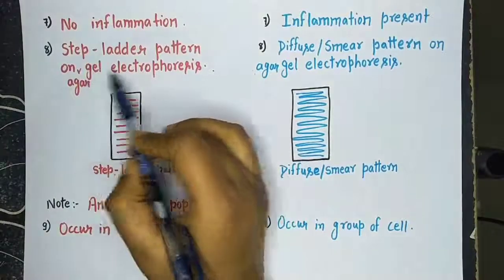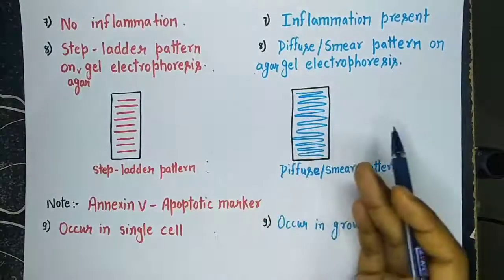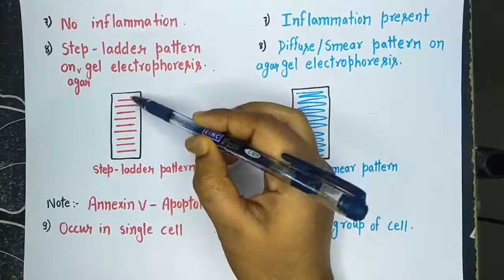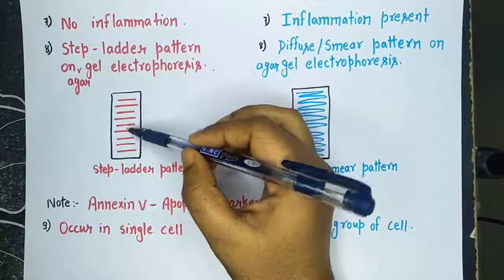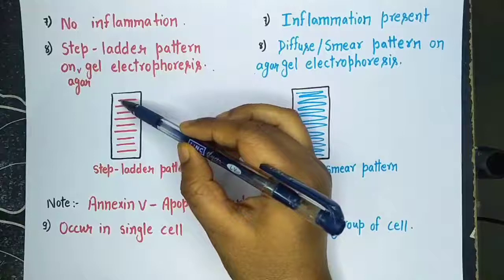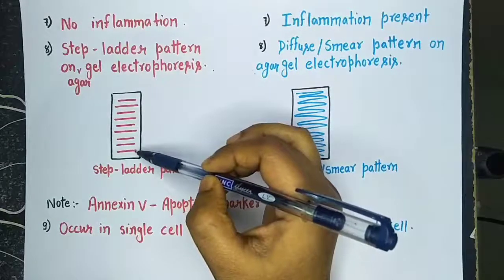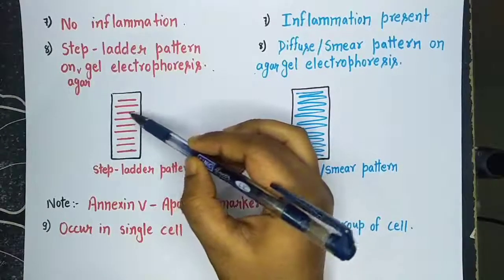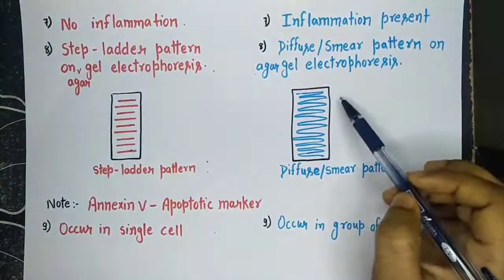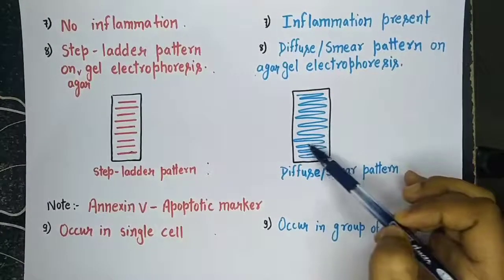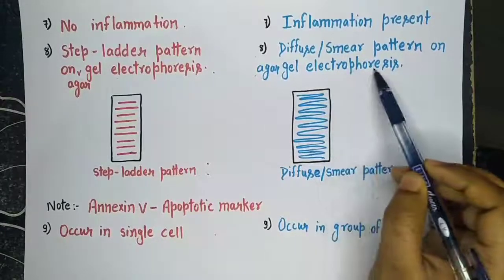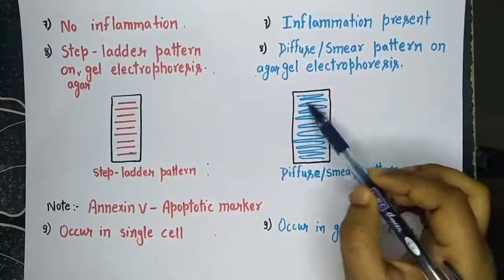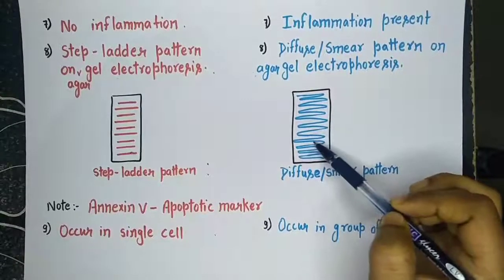So, during the agar gel electrophoresis process, DNA fragments arrange themselves according to their size, according to their molecular weight, and lighter fragments of DNA will arrange upward and heavier fragments will go down, and they will arrange like a step-ladder pattern. But in case of necrosis, a diffuse or smear-like pattern will be seen on agar gel electrophoresis. That means there will be no fragmentation, there will be no arrangement of the fragments of DNA in case of necrosis.